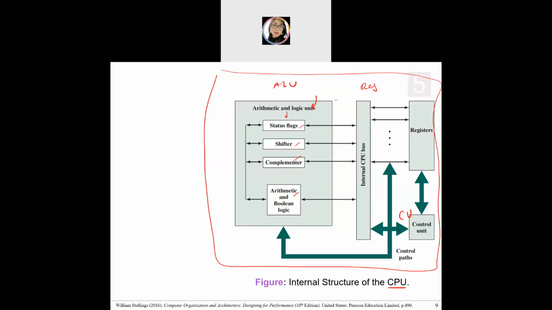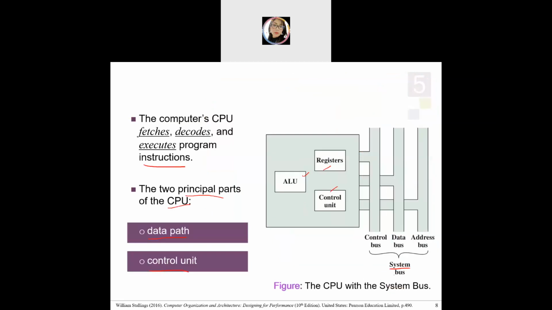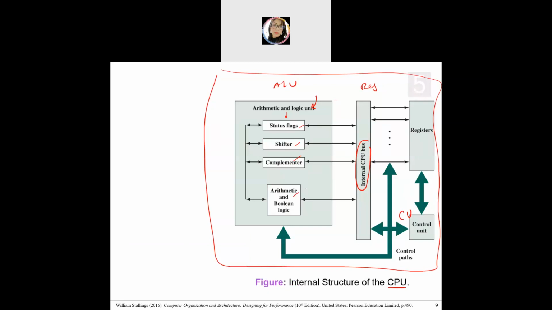So when you want to communicate between ALU, register and CU, you have what we call the internal CPU bus. Just now you saw the system bus, right? But when we are inside, we call it internal. It's not going to the outside.